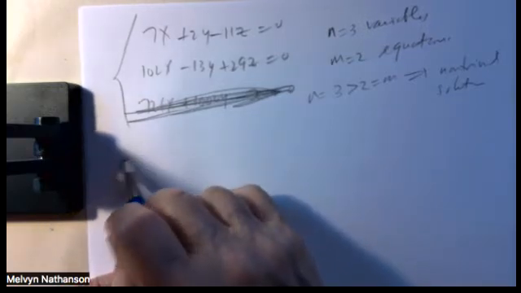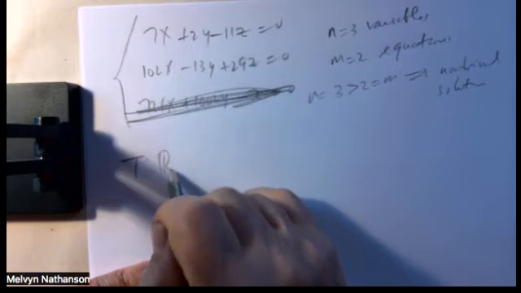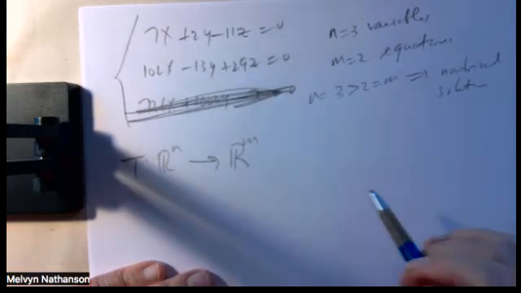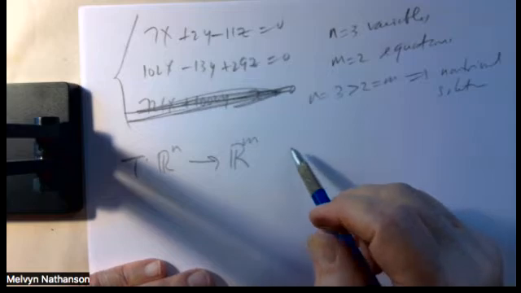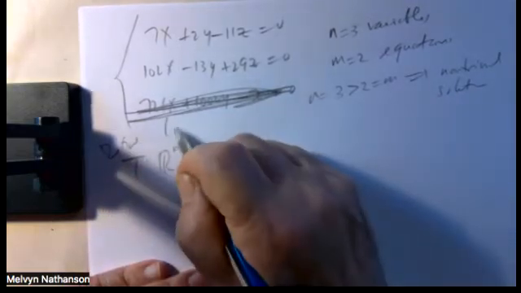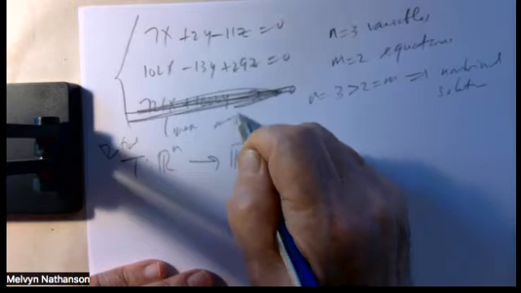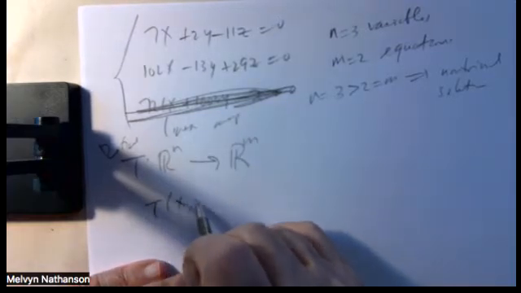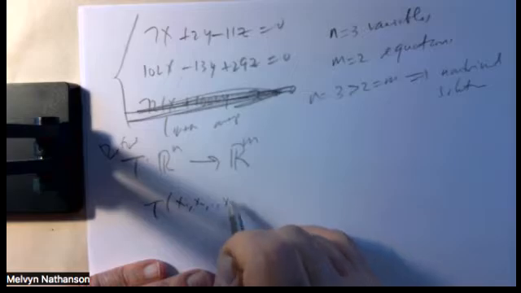So let's define a linear map from n-dimensional space to m-dimensional space. Define this linear map as follows: T of the vector x1, x2 up to xn.